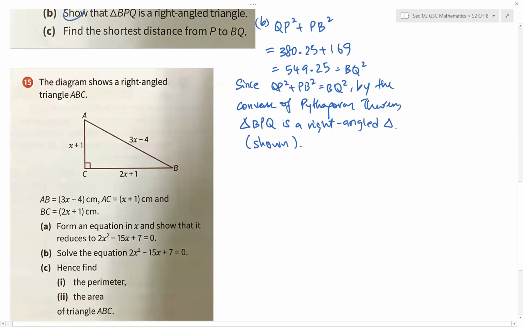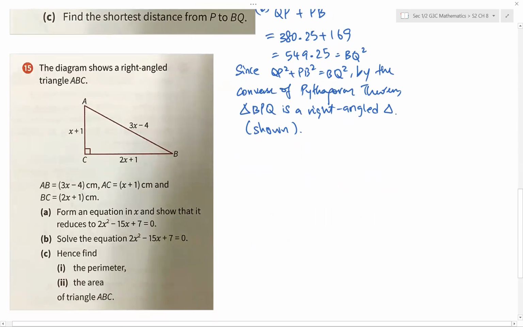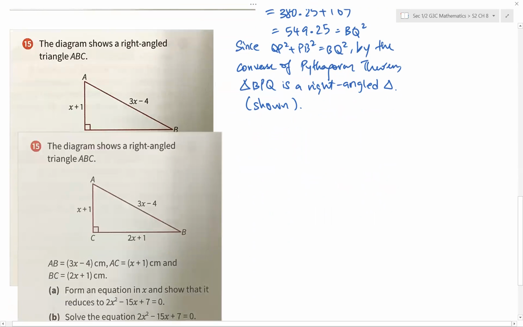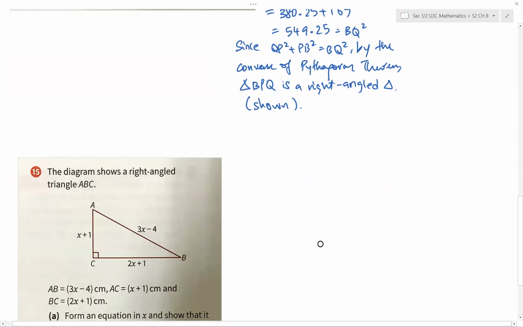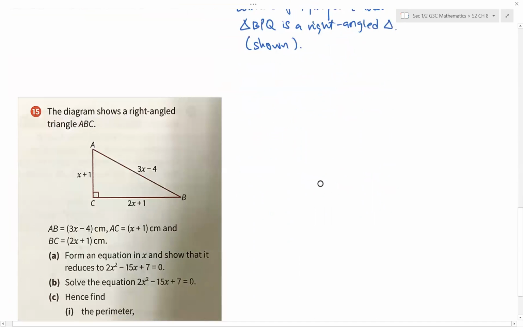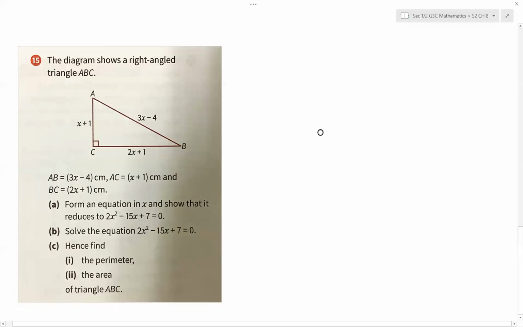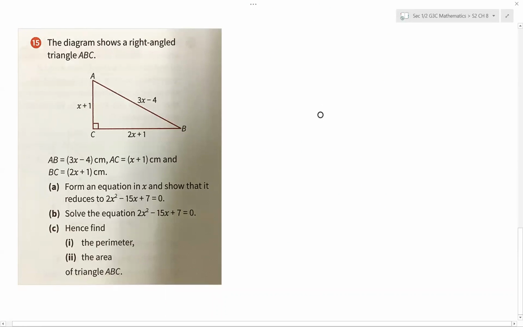Now I'm interested in question 15. In question 15, we've got another right angle triangle with all the lengths in algebra. Then you know Pythagoras theorem, you need to square all the sides, right? And in this case, the expressions given to you are all made up of two terms.